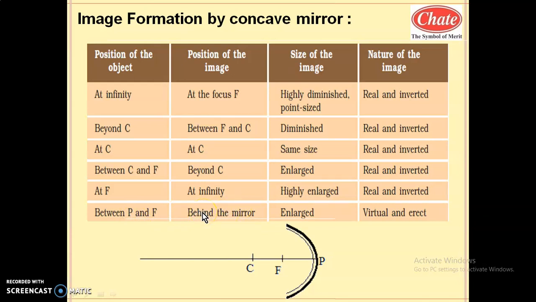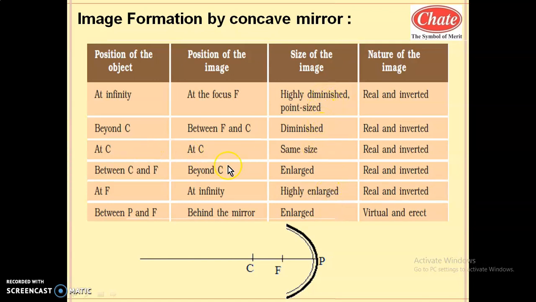Remember, it is virtual, and in that case the image is not in front of the mirror, the image is behind the mirror. Now what is the size of the image? How to remember the size of images? First, the image is point size, highly diminished. Then gradually the size of the image increases.